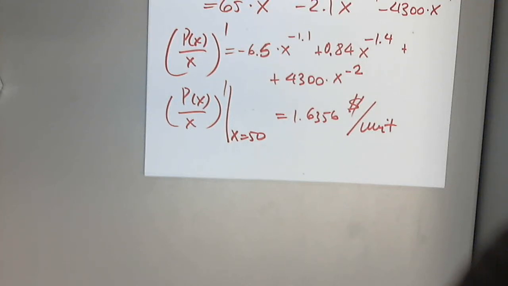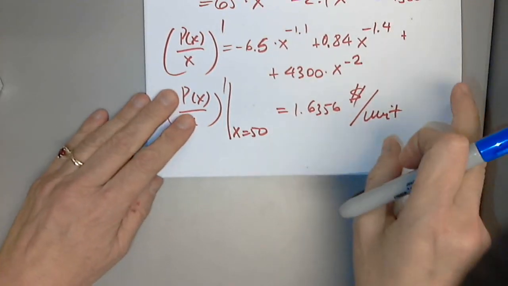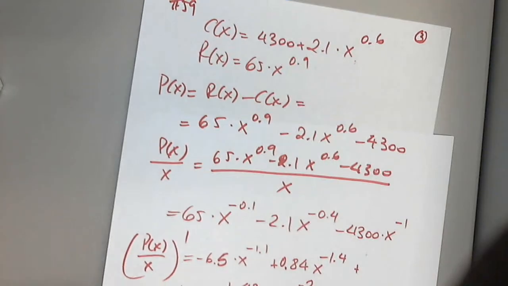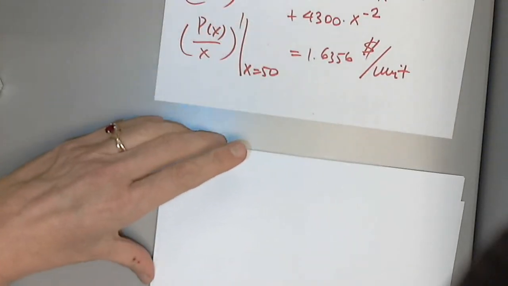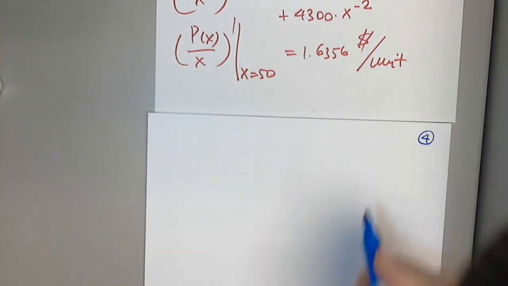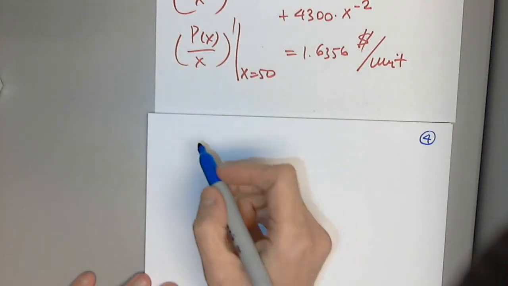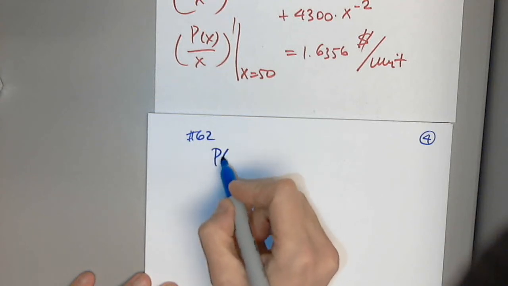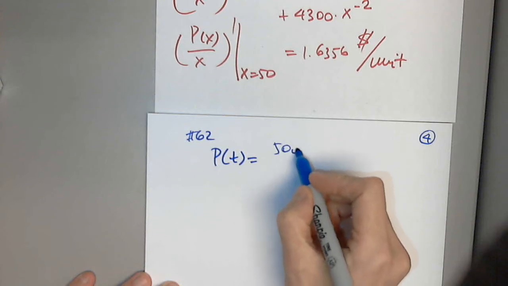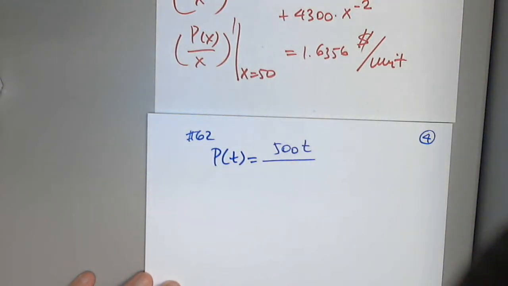Okay, so let's look at 62. And in 62, we are given a totally different function, different type. Can anyone tell us what type of function we are given this time? P of t. So 62, P of t is 500t divided by 2t squared plus 9.